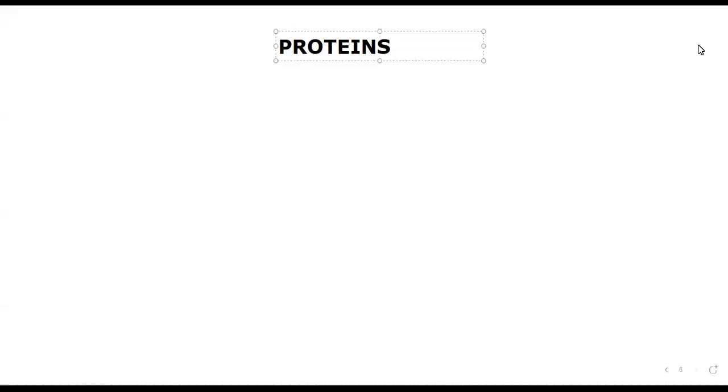Now, just like your carbohydrates and lipids, proteins are also polymers.